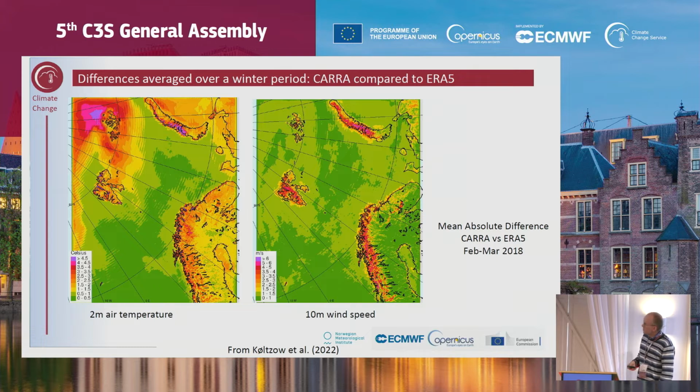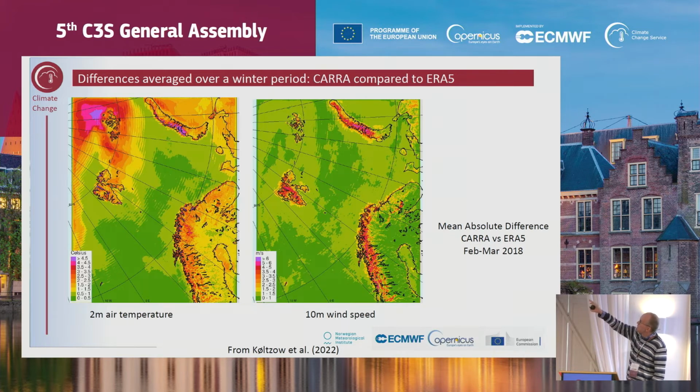We see that the main differences are over Svalbard and the Norwegian coastline and mountains, where we have complex topography not resolved properly in ERA5, of course. Over the more flat and homogeneous ocean, the differences are smaller, and so are the differences over the more homogeneous and flat terrain in parts of northern Sweden and Finland.